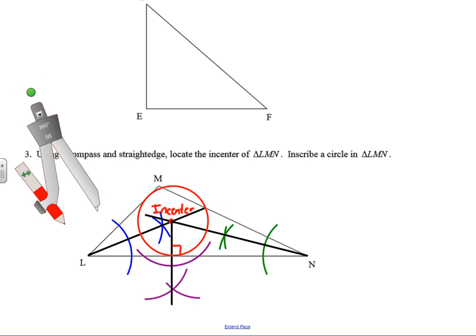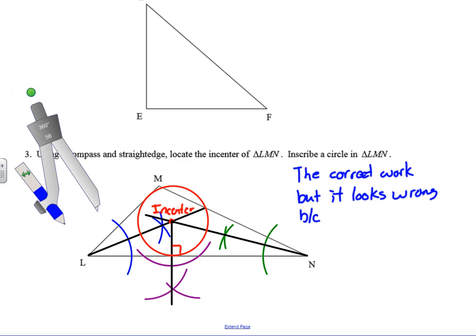And so all of this is the correct work, but it looks wrong because of pencil thickness and just the inaccuracy.